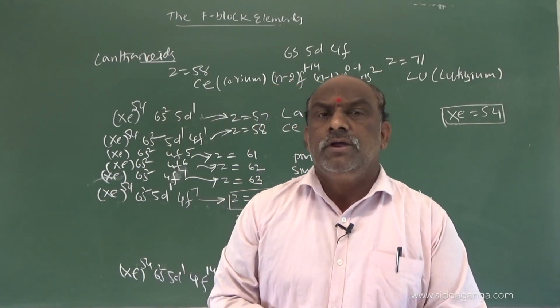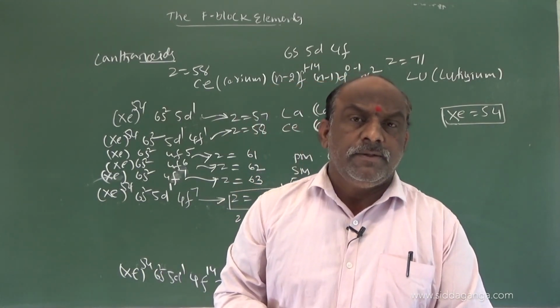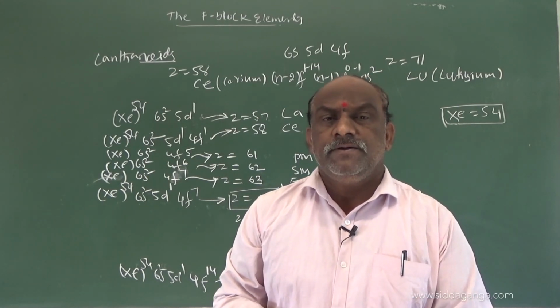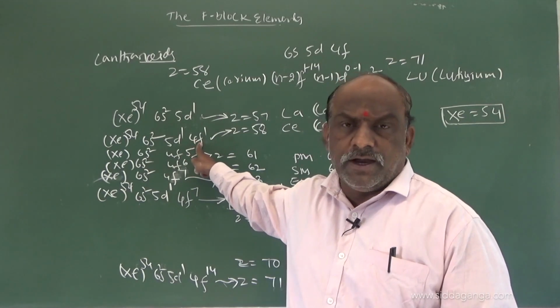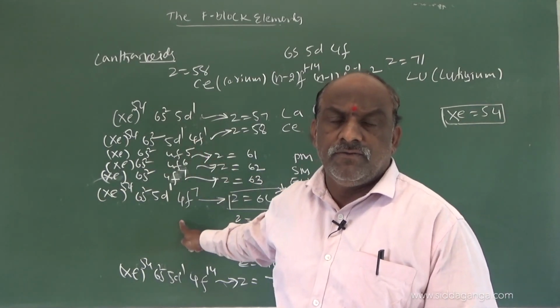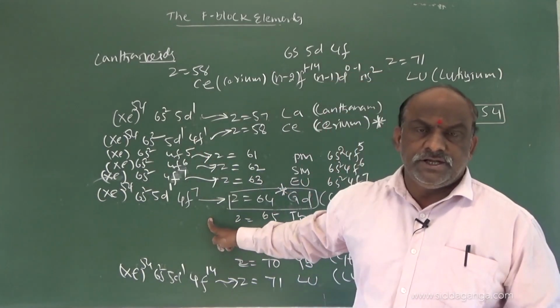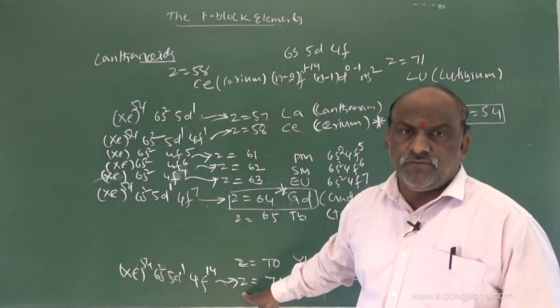There are no electrons in d orbitals. Cerium 5d1 4f1, gadolinium 5d1 4f7, lutetium 5d1 4f14.